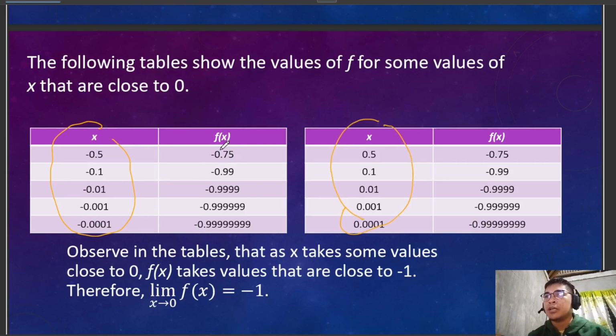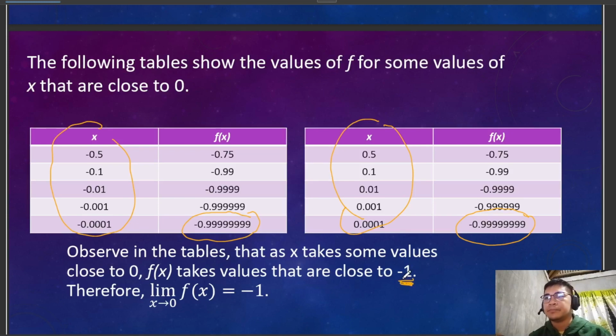So you observe they have equal f of x outputs, negative 0.99 and negative 0.99. As they get close to 0, their f of x also takes a value close to what?